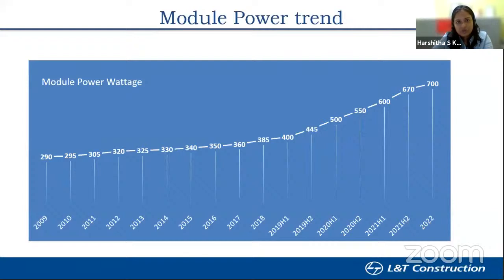So coming to the topic of today's discussion, this graph gives you an idea how the module wattage has changed over a period of time. As you can see, from 2009 to 2019, the increase in the wattage has been gradual. The increase is maybe around 10-15 watt on a yearly basis. But with the dawn of 2019, there has been a tremendous increase in wattages.